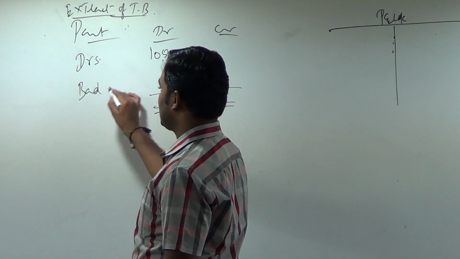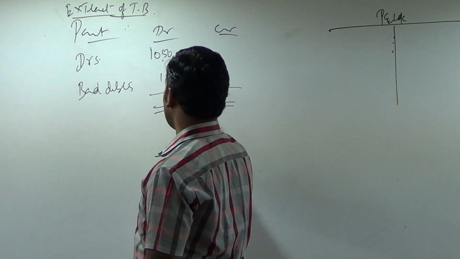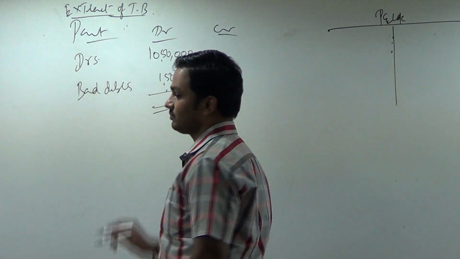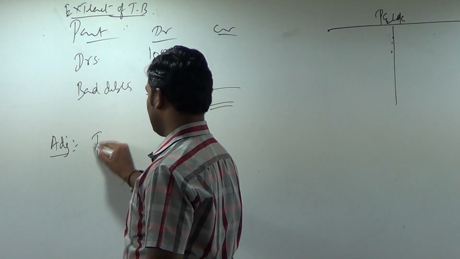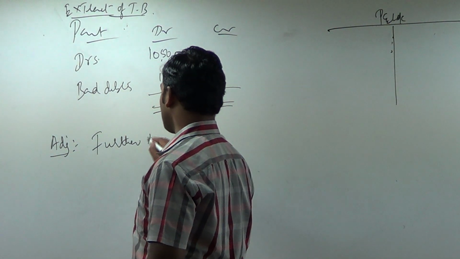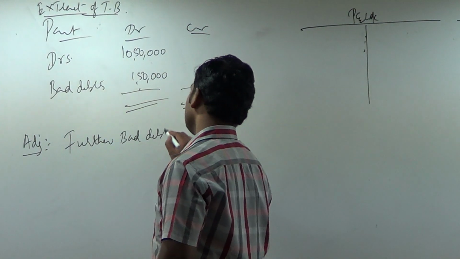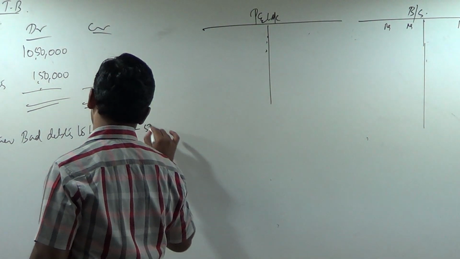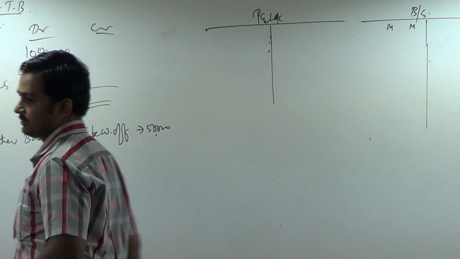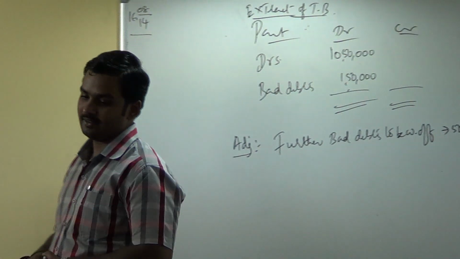Bad debts within the trial balance 1,50,000. Adjustments: further bad debts to be written off 50,000.